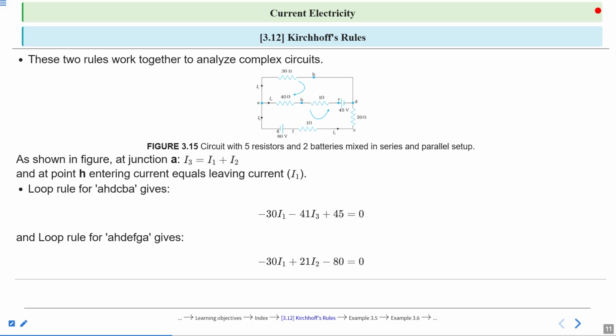You can see A, H, D, E, F, G, A. In this loop we can see minus 30 I1 and then a 20 ohm resistor and a 1 ohm resistor. So plus 21 I2 because the current has the opposite direction, and the battery is also in the opposite direction. So we are moving in the opposite direction of current. So minus 80 volt equals 0.